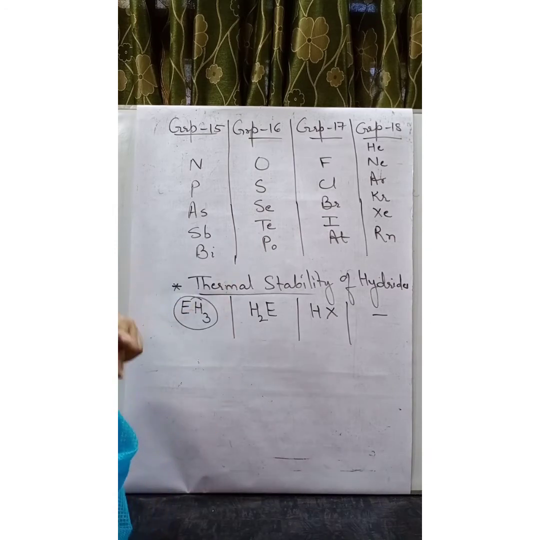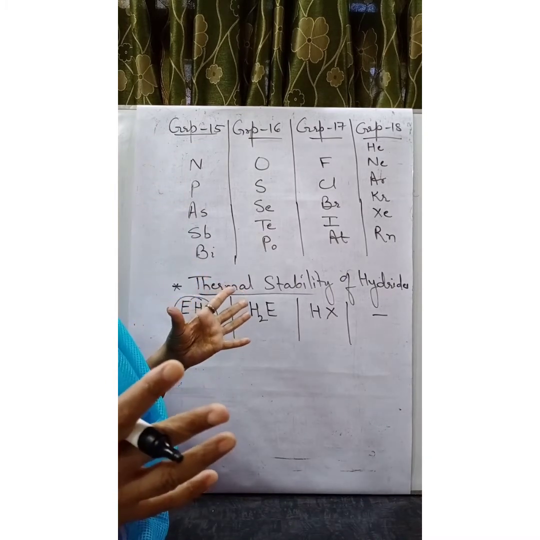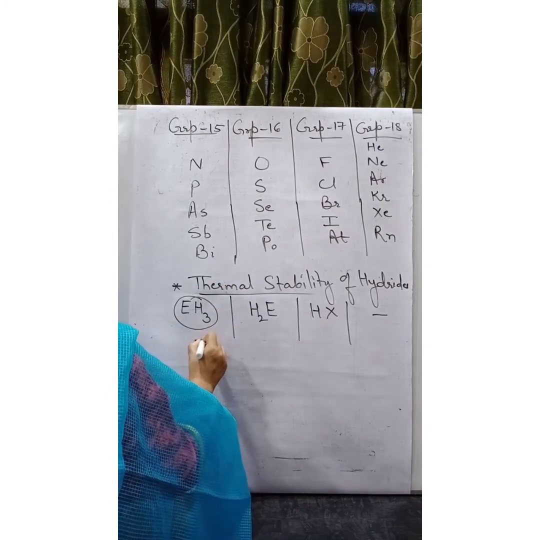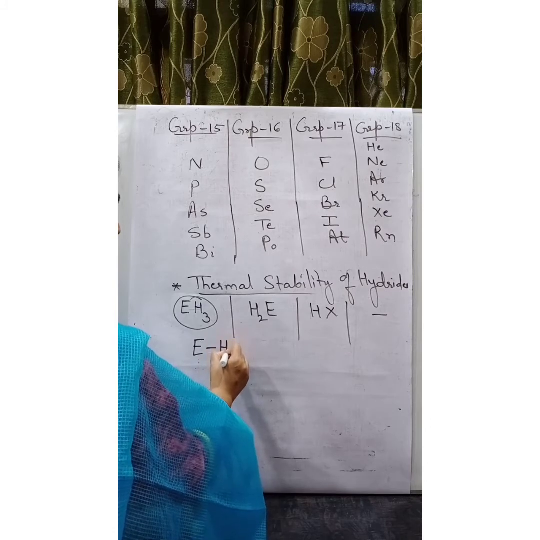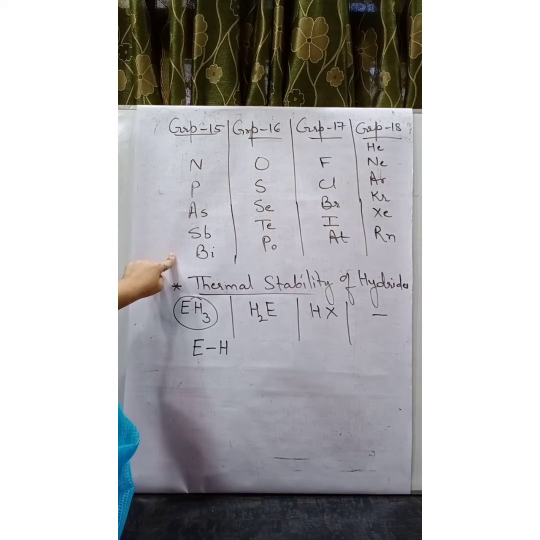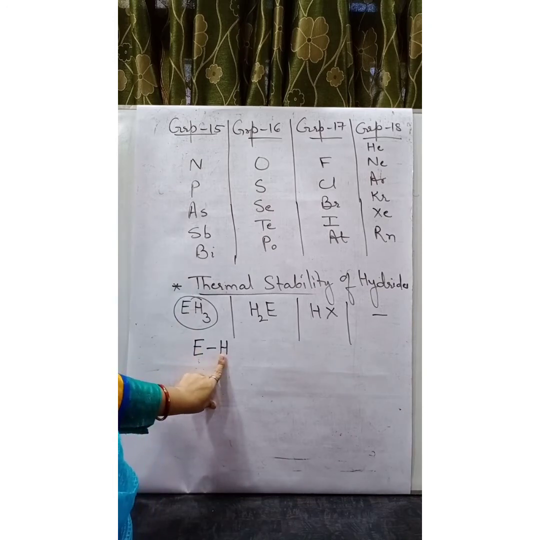Let us discuss that. As we move from top to bottom, you already know that atomic size increases. In other words, the distance between the element and hydrogen goes on increasing from top to bottom. That means as we move from top to bottom, the E-H bond length increases.